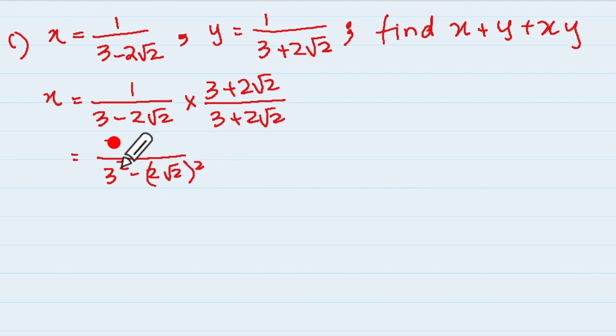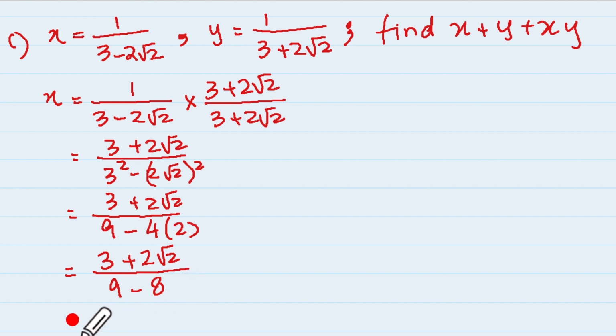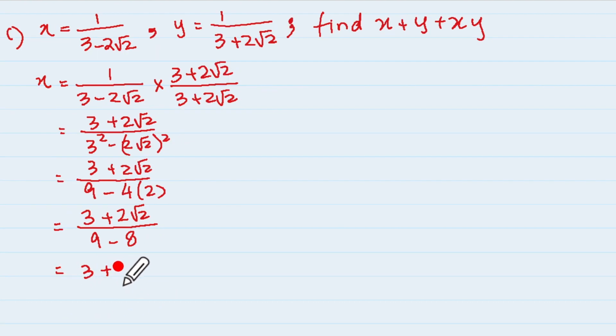Numerator will be as it is, correct? That would give us denominator 9 minus, this is 4 into root 2 square is 2, correct? So in the numerator we'll have 3 plus 2 root 2 and denominator will be 9 minus 8, which is going to give you 3 plus 2 root 2 upon 1, means 3 plus 2 root 2.